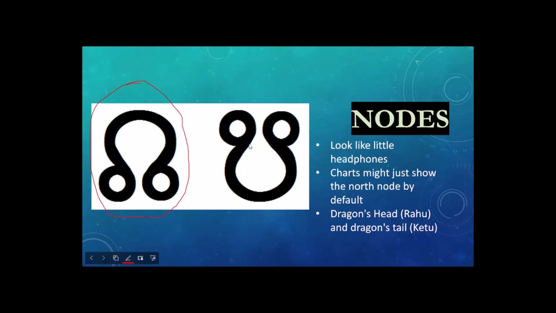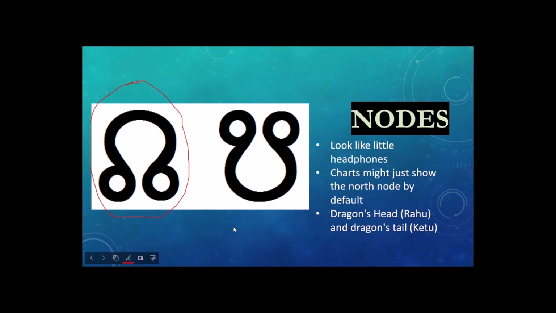But even if you don't have the South Node appearing on a chart, you can always know where it is because it's going to be directly across the wheel. It's going to be the same degree but the opposite sign as the North Node.